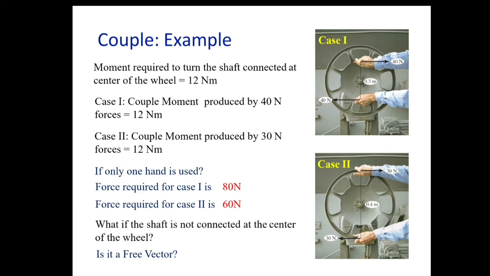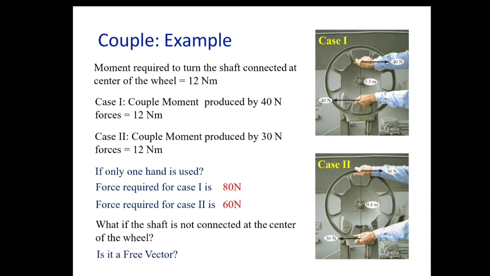For the same rotation, for the same moment, we require less effort by increasing the distance between the two forces. So in case 2, the couple moment produced by 30 newton equals the same 12 newton meter. So what is the change? If we increase the distance between them, we can reduce the force applied for the same moment requirement.